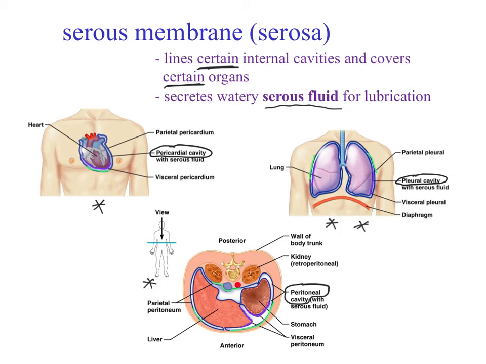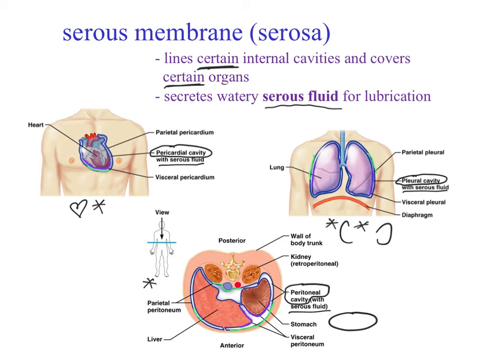The light blue that is shown in each of those cavities represents the serous fluid. So that watery serous fluid acts as a lubricant between the two layers of serosa, so that as the organs move, whether it be the heart beating up here, or the lungs inflating up here, or perhaps the stomach expanding at Thanksgiving or something like that, in all cases, as the organs move, the layers of serosa don't rub against each other, like I'm rubbing my hands right now, and make friction.